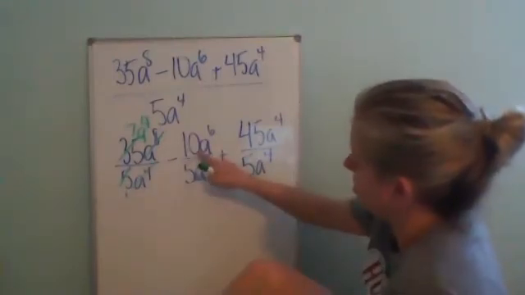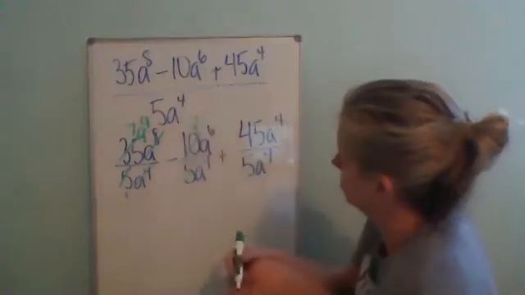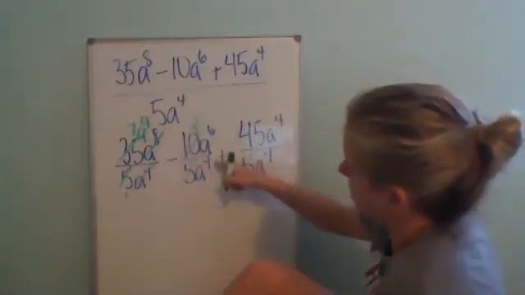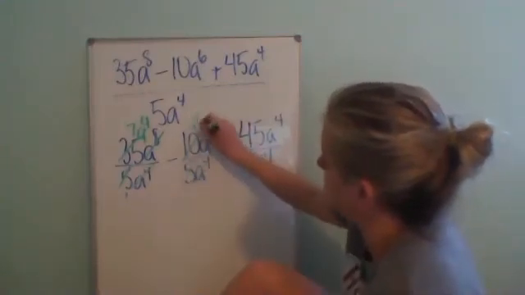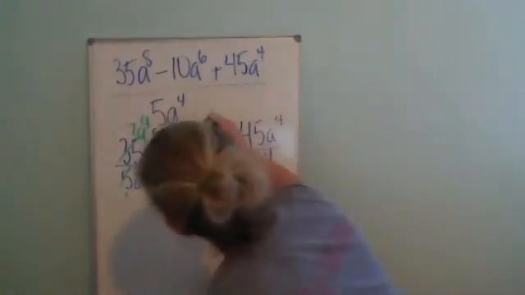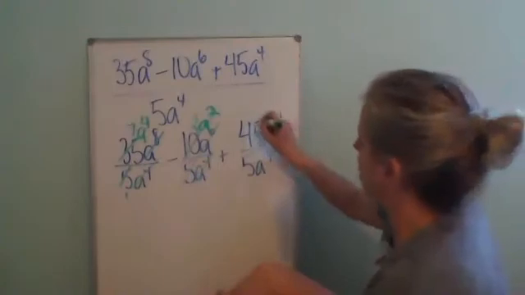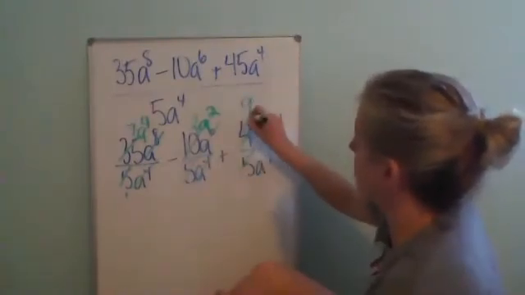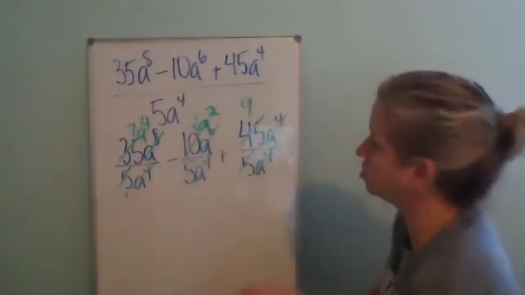Now, same thing here. 10 over 5 reduces to 2. If I subtract these exponents, I have a to the 6th over a to the 4th, which leaves me with a to the 2nd. Can you see that? And 45 over 5 leaves me with 9. And here I have a to the 4th over a to the 4th, so those just cancel.